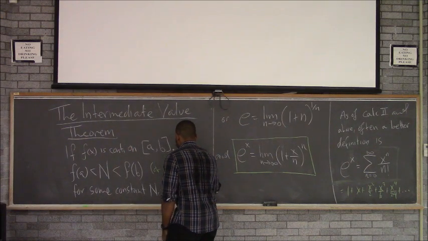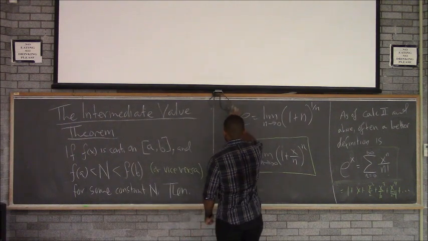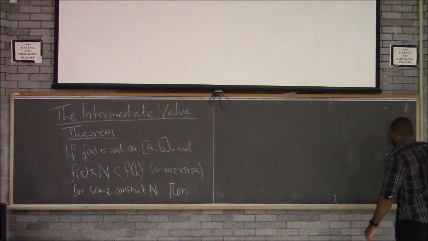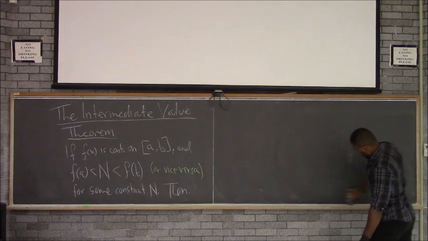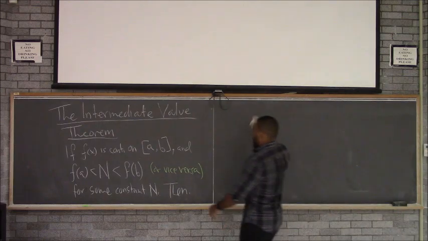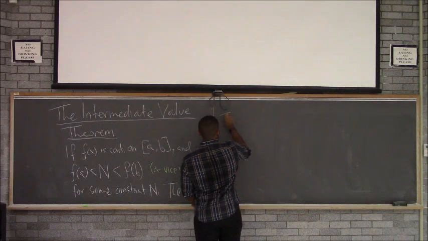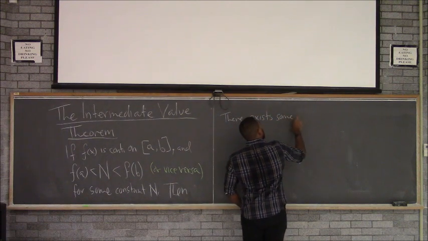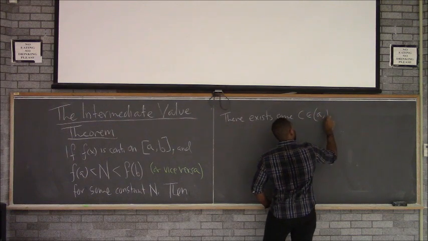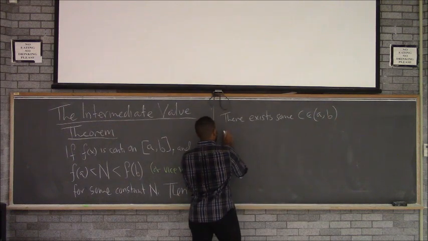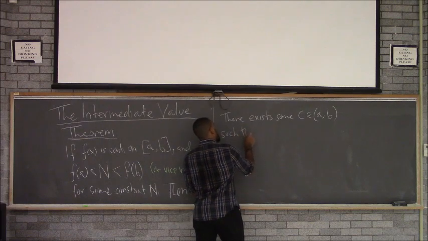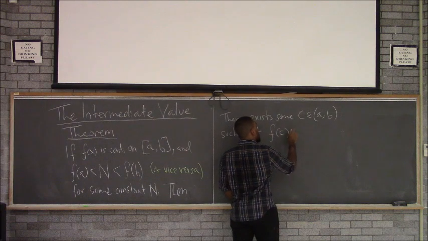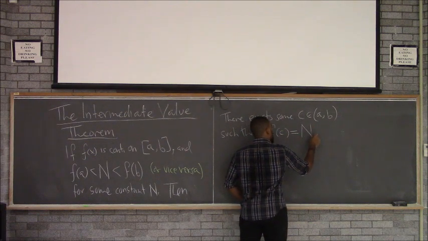Then, here's a conclusion you can always make. There exists some number c in the open interval (A, B) such that f of c is equal to exactly that number n.